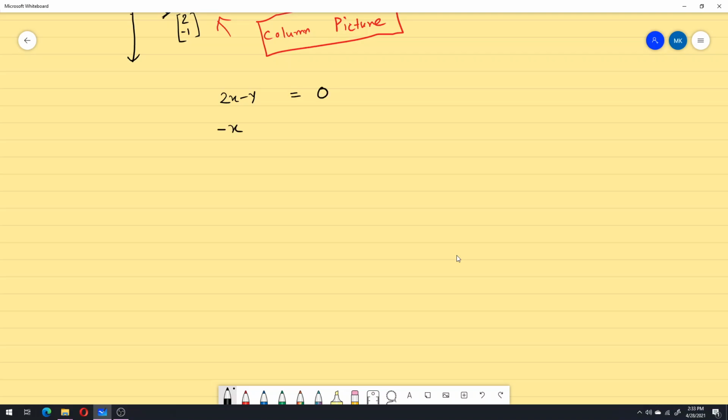Then minus x plus 2y minus z equals minus 1, and minus 3y plus 4z equals, let's say, 4. If I want to write this system of equations in matrix form, it would be written as [2, -1, 0], [-1, 2, -1], and [0, -3, 4].